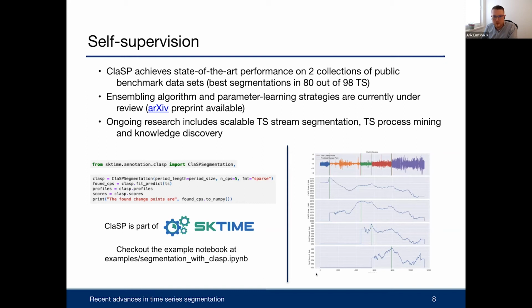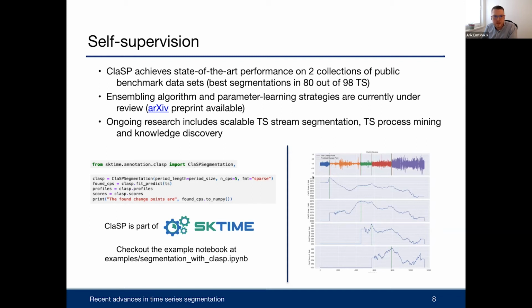Here I have a code example. We also have a notebook where you can find a more thorough example of how you can apply ClaSP to time series. It's just a few lines of code, and then you can create such segmentations, get all the profiles, and plot and investigate them.